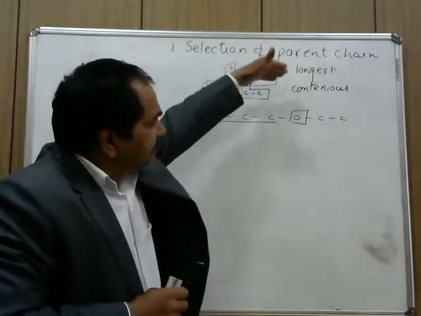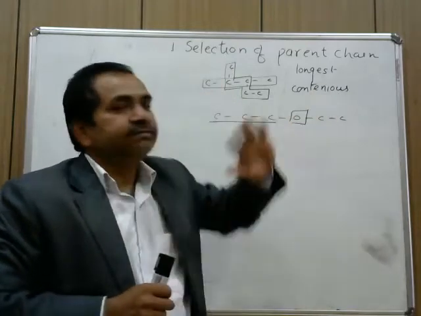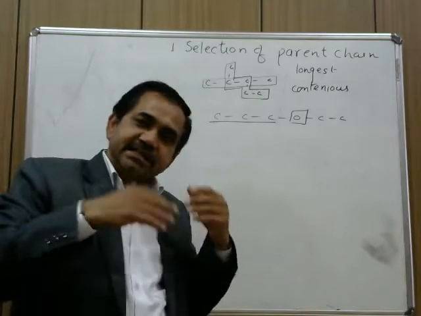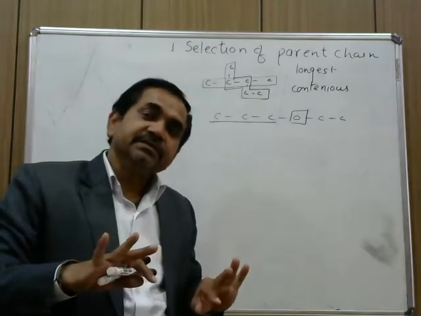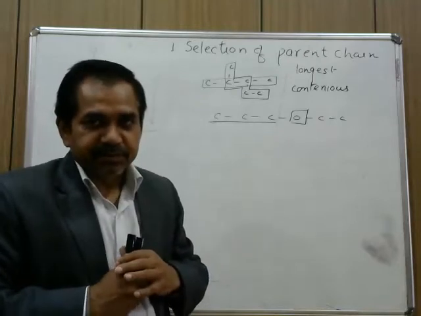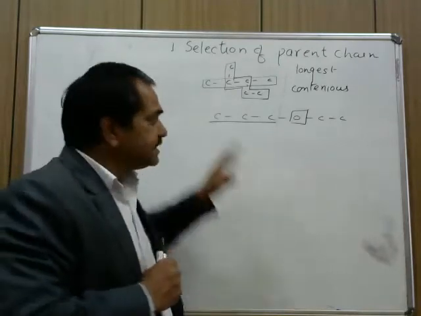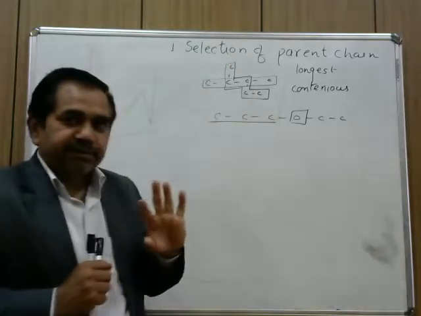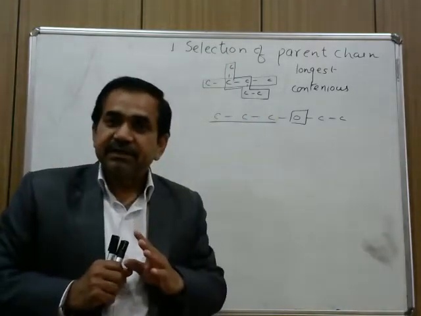So a longest and continuous chain of carbon atoms is to be considered, whether it is a straight chain or it is a zigzag chain, no problem. First thing. So this is the first rule. Then we come to the next rule.